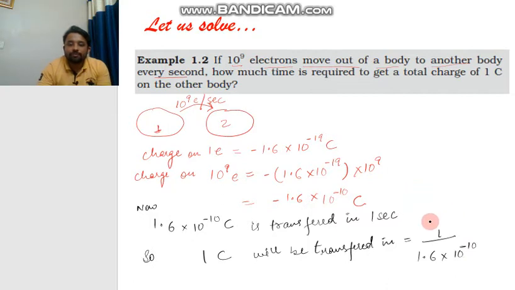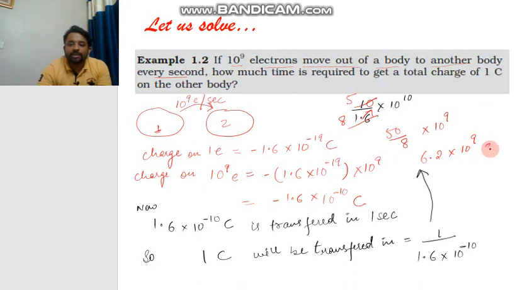If we solve it, it will become 1 upon 1.6 into 10 raised to power plus 10. Moving it to the numerator and removing the point, we have 10 by 16, so it is 5 by 8, so it is 50 upon 8 into 10 raised to power 9. So it will become 6.2 into 10 raised to power 9 seconds.